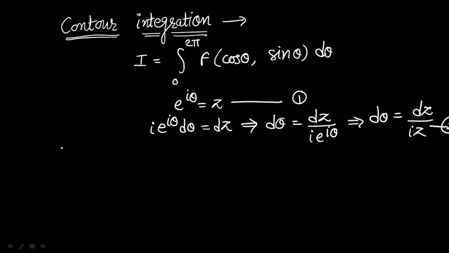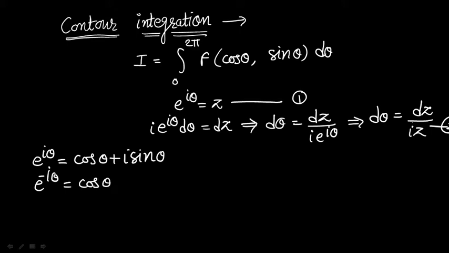Now similarly we find the values of cos theta and sin theta. We know that e to the power i theta equal to cos theta plus i sin theta, and e to the power minus i theta equals cos theta plus i sin theta to the power minus 1, by De Moivre's theorem. That means its value is cos theta minus i sin theta.